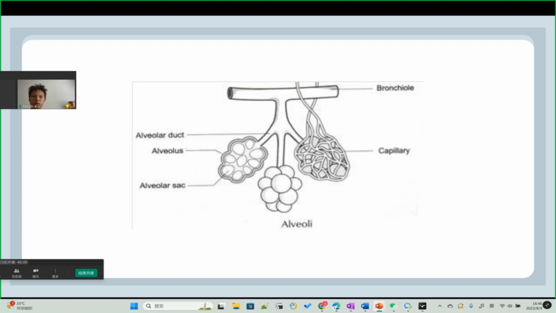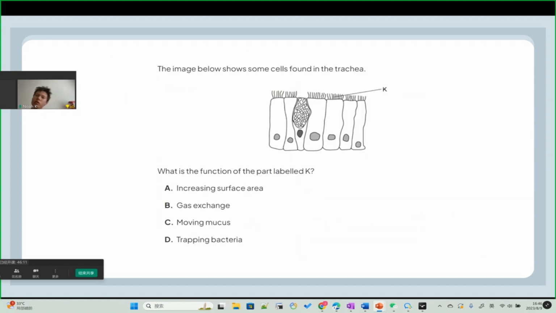Let me give you an example. So, it's the cilia. It looks quite similar to microvilli. Yeah. So what's your question again? That's it. Okay.